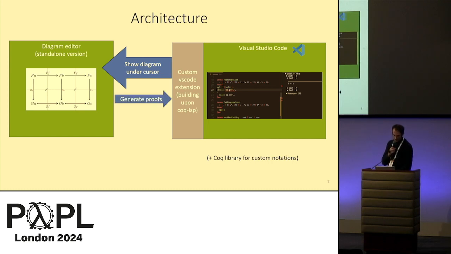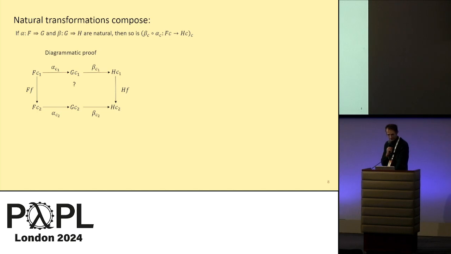The other thing that it can do is generate a proof. You draw your diagrams and embed the proofs in the diagram, and then it will generate a proof script that shows commutation of the outer diagrams. I'm going to explain a little bit more about that with a simple example, even if you are not too familiar with category theory. There is an easy result that if you have one natural transformation, alpha from F to G, and another one, beta from G to H, then you can define the composite natural transformation.